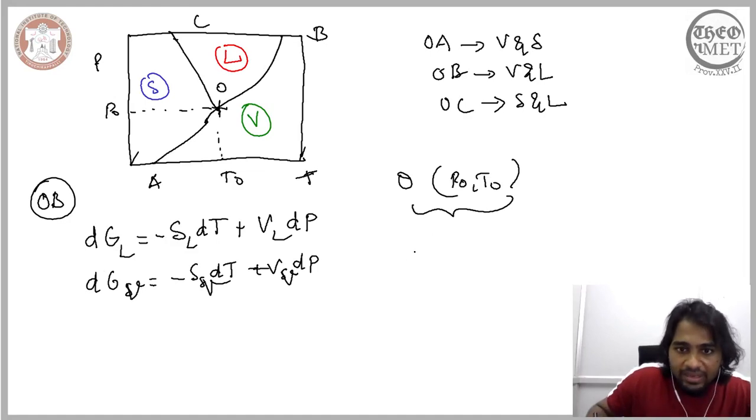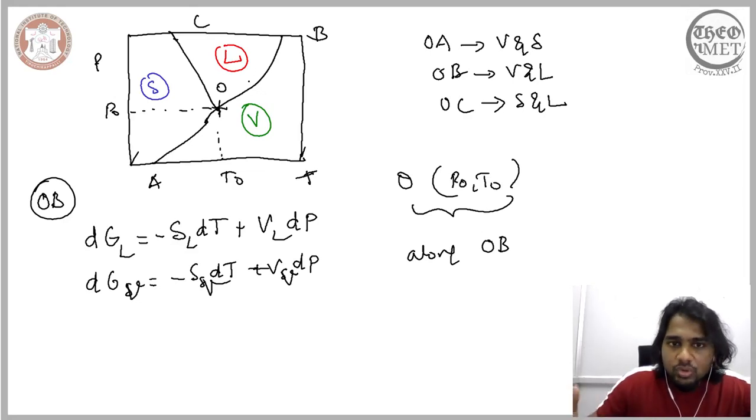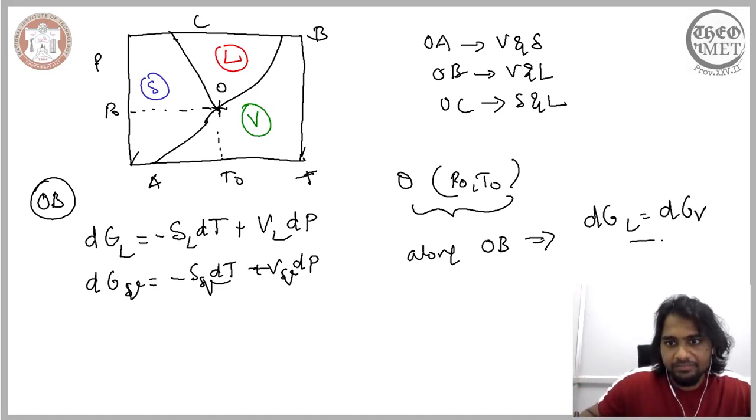So along the line OB, we have already discussed that these two phases are in equilibrium. That means there is no difference in the Gibbs free energy. So along the line OB, since liquid and vapor are in equilibrium, this relation here is satisfied.